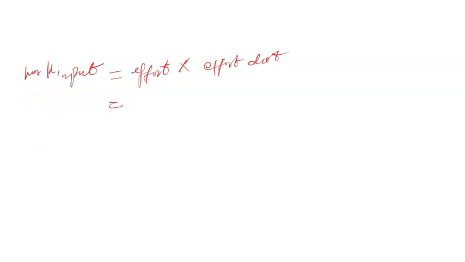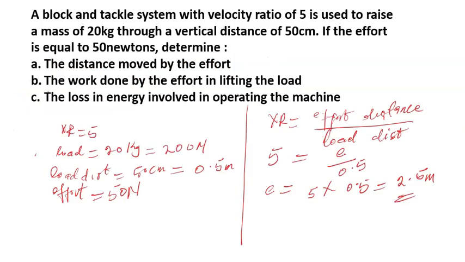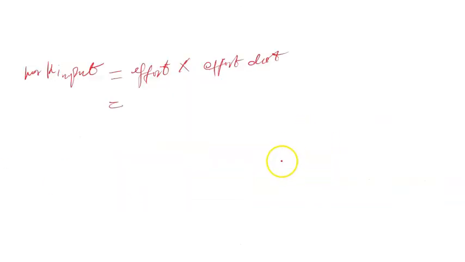Let's see our details once again. We were told effort is 50 newtons and we've calculated effort distance to be 2.5. So we're talking of 50 times 2.5. From my calculator, that's the same thing as 125 joules. That's for the second question.